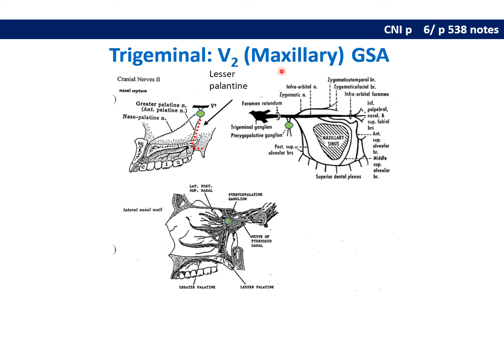And then here are some more pictures of what's going on from this maxillary branch or maxillary division of V2. Remember, you get the greater and lesser palatines going to the soft palate, hard palate, and also the nasopalatine, which goes through the incisive foramen, in addition to those other branches that I've already discussed with you.